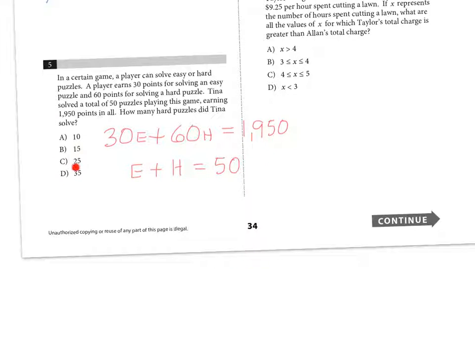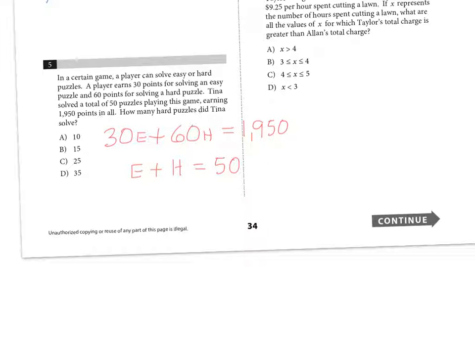Since I'm going to try all of these, let me go ahead and try the last one, which is D. D is 35. So if the hard is 35, how many E's is that supposed to be? This should be 15. Okay, so what was the answer for this one? Do you have it with you? It's B.